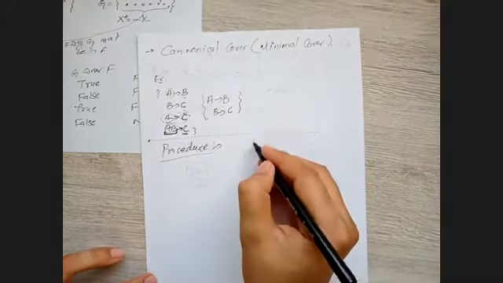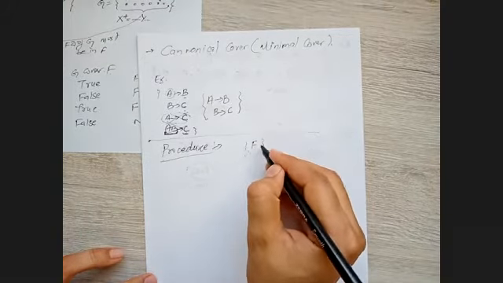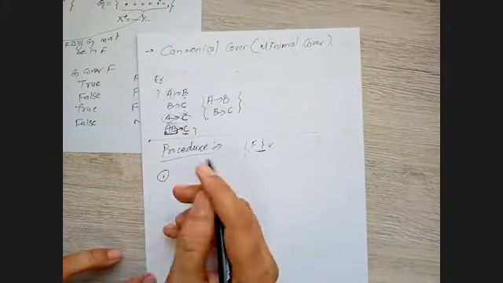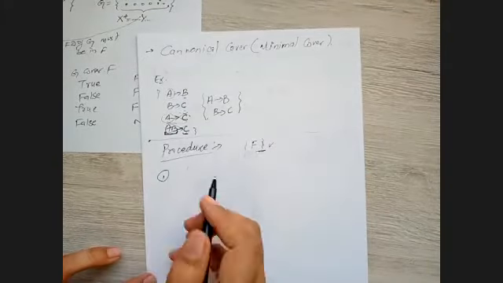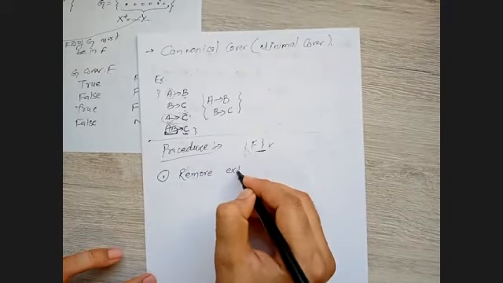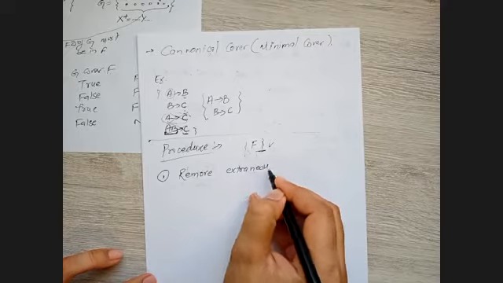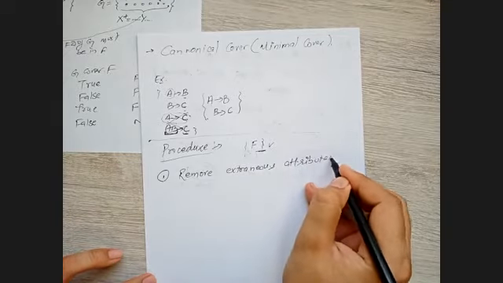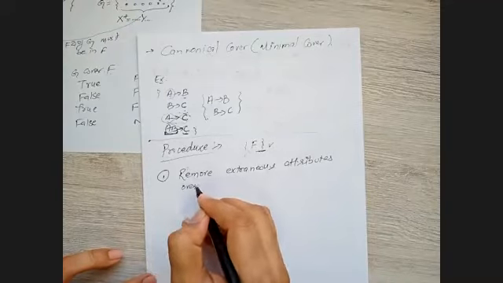Let's say F is the given set of functional dependencies. Our first step is to remove extraneous attributes over determinants.